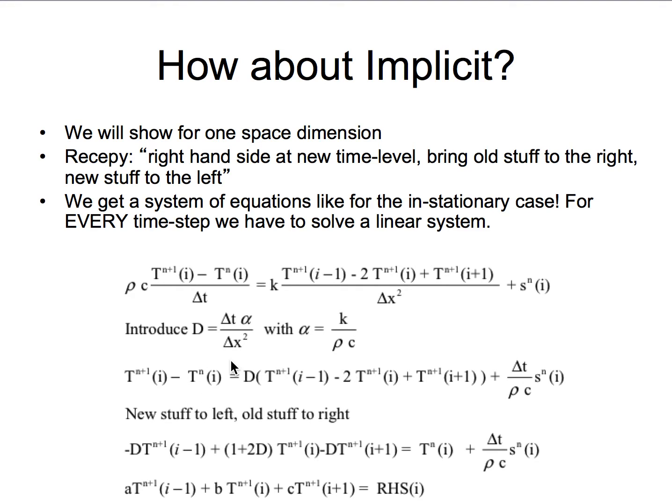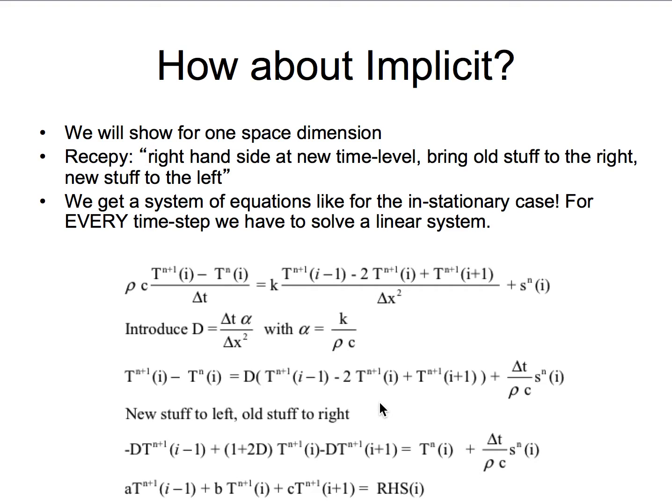And if you have done this, you get the following expression, which contains the temperature at time level n+1 at the left hand side for points i-1, i and i+1, with constant coefficients, minus d, 1 plus 2d, minus d, and the right hand side, which is equal to the temperature at the old time level plus a term related to the source term.